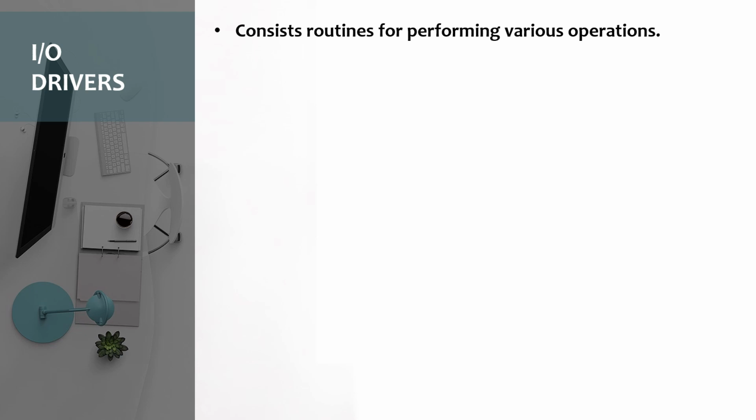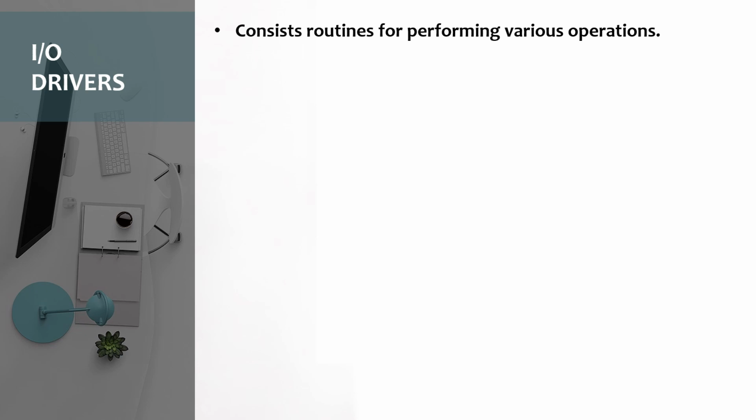So the function is similar to the routine. We can say routine is a piece of code inside the software, a function, so it's a part of your software. Whenever you require it, you just go and call it.